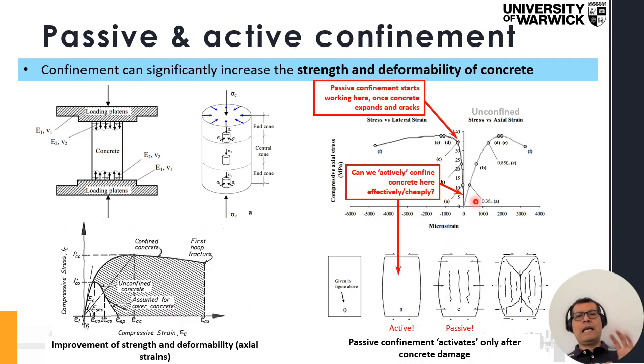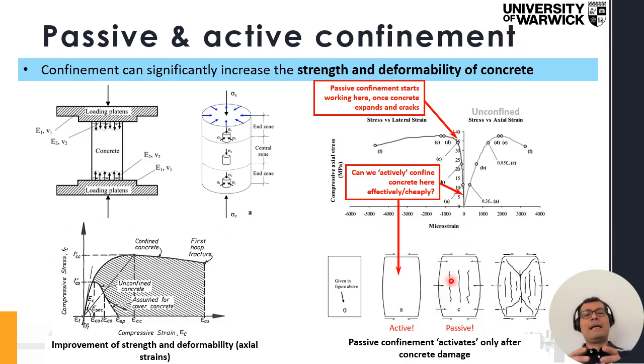Now, there are two types in general of confinement. One is called passive and the other one is active. What I'm showing here is passive confinement. That's the confinement we usually give with hoops or with stirrups. But we also have active confinement. And the main difference is when you activate that confinement. For the case of passive confinement, which is this one here, it only activates when your cylinder is actually cracked.